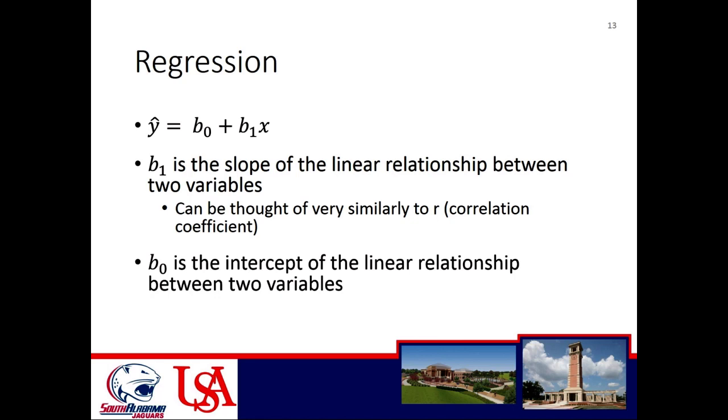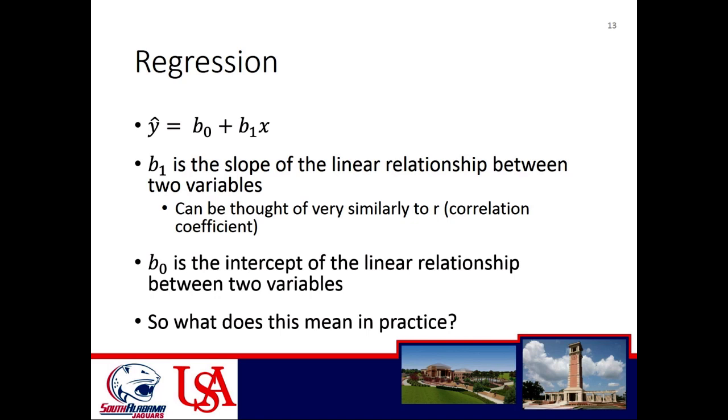Another way to think about beta naught is the value of y hat whenever x is 0. So beta naught, you can think of it as your baseline. Beta naught is the starting value. So if you're looking at the relationship between x and y, beta naught is what y hat would be whenever x is 0. So I don't know if that helps, but let's ask ourselves, what does this mean in practice?